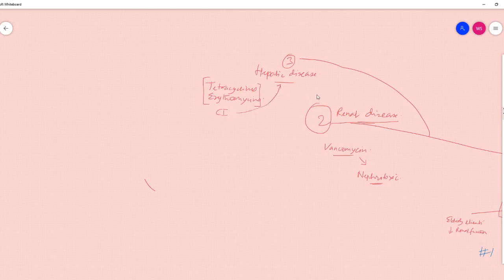So if you want to select a drug in a patient with hepatic disease, some antibiotics cannot be selected. Let's look at another patient factor, say pregnancy.